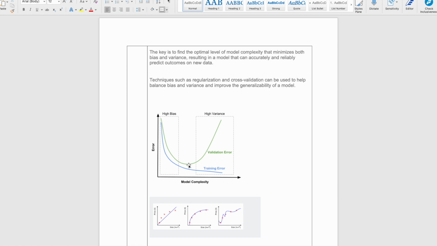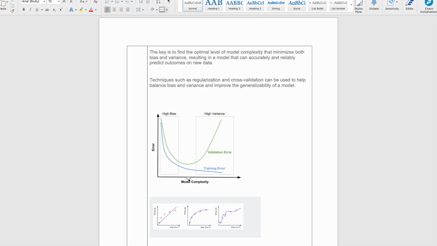That is the point where I should fix my bias and variance trade-off. In this particular case, probably this region over here. After this region, if you increase the degree of polynomial, the training error will keep going down, but the validation error will keep going up. So this particular region is the sweet spot.